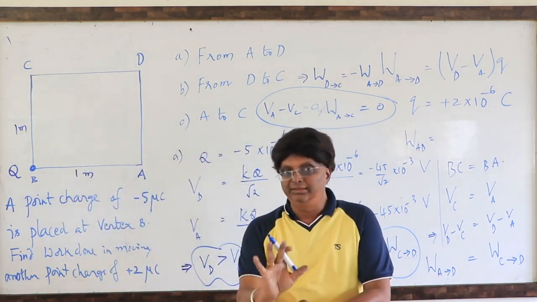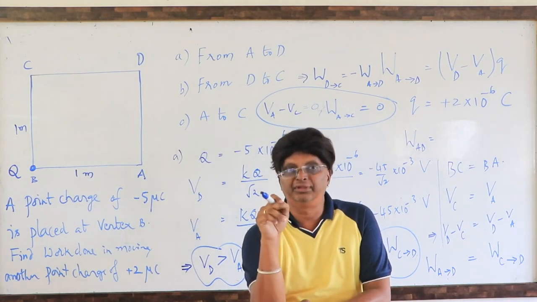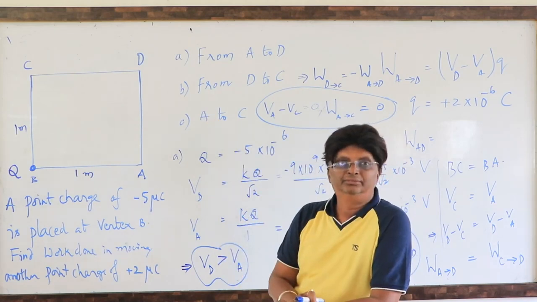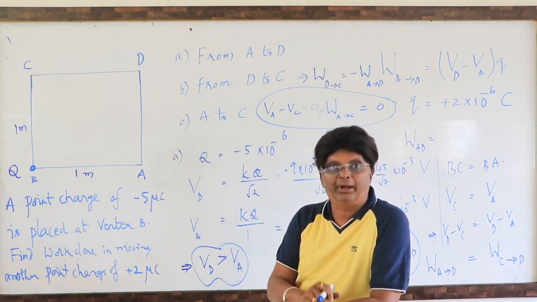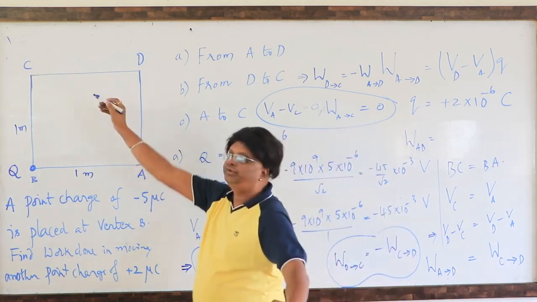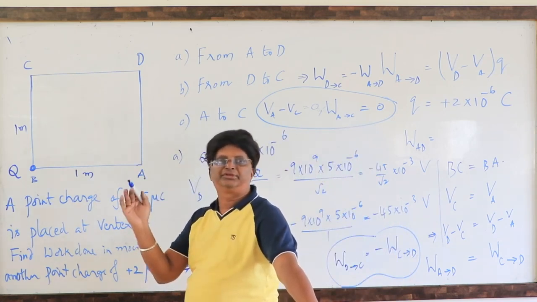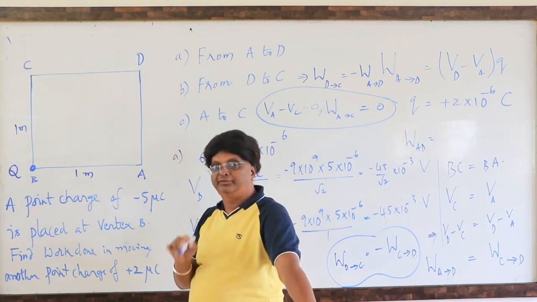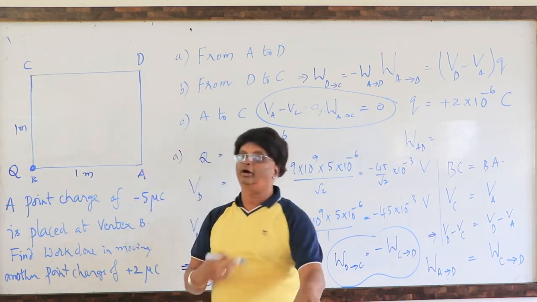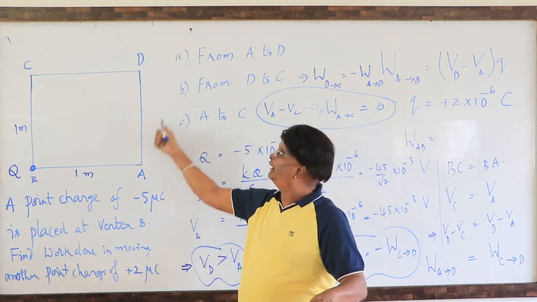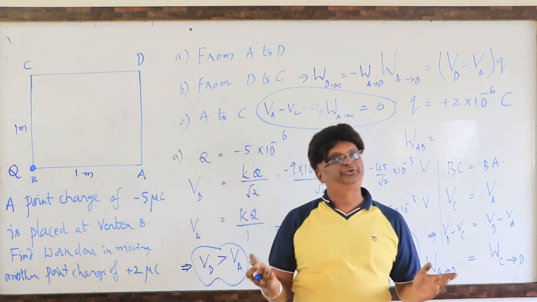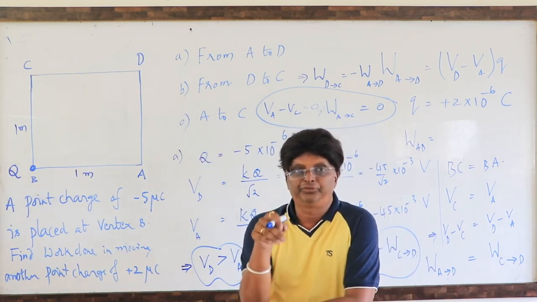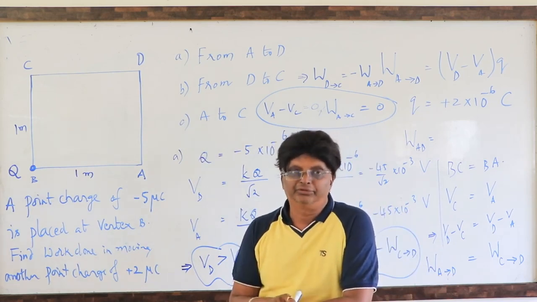So the sign is changing but magnitude is same and hence net work done is 0 from A to C. How it is independent of path: A to C directly, there is potential difference 0. A to D, D to C also work done is 0 because equal and opposite. Here work done by and there the work done on, the net work done when you consider that positive and negative sign of equal magnitude will give 0 magnitude.